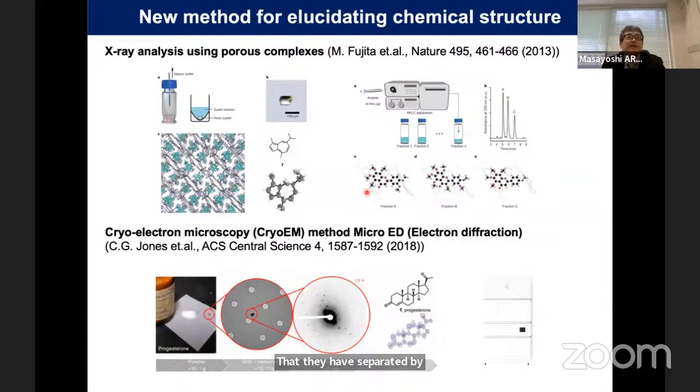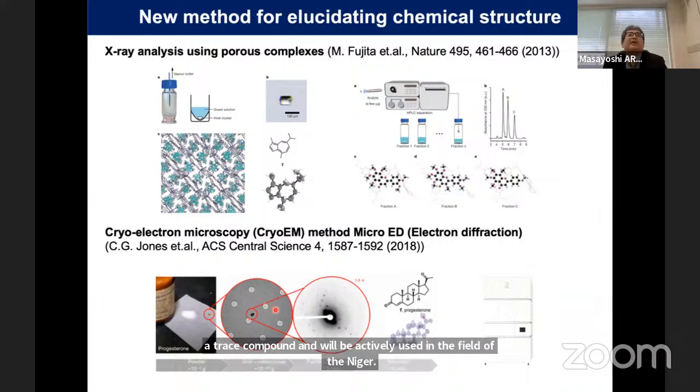The other method utilizes electron microscopy, which has been used successfully to determine the structure in a single piece of nanocrystal. These techniques are very useful in determining the structure of natural products with trace compounds and will be actively used in the field of natural product chemistry in the near future.